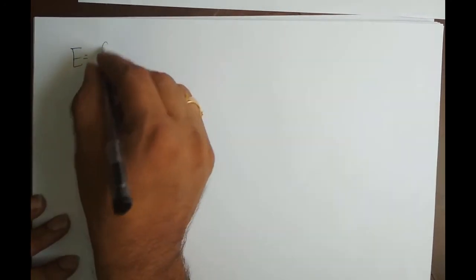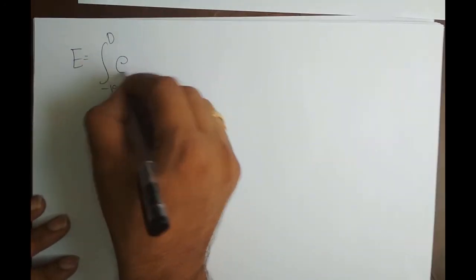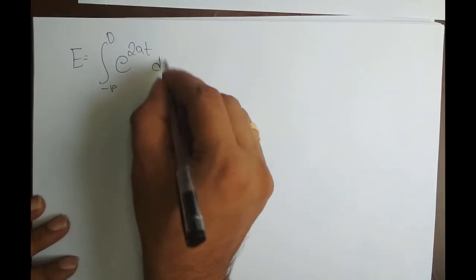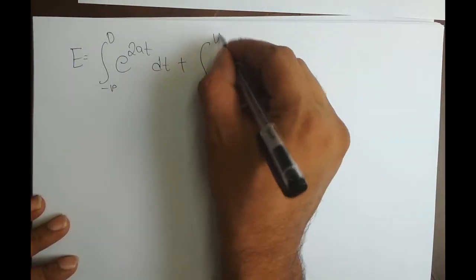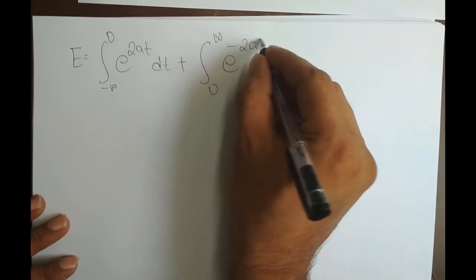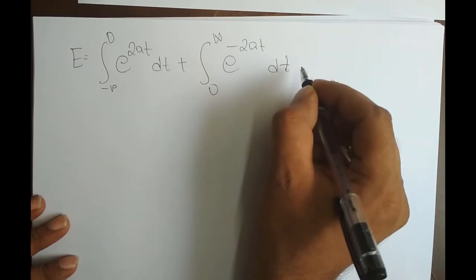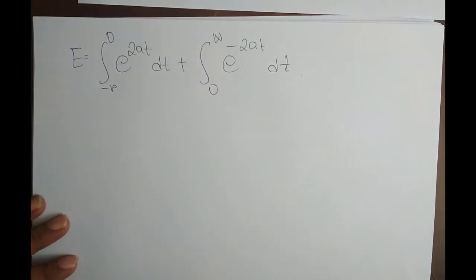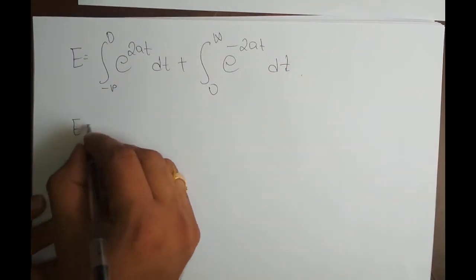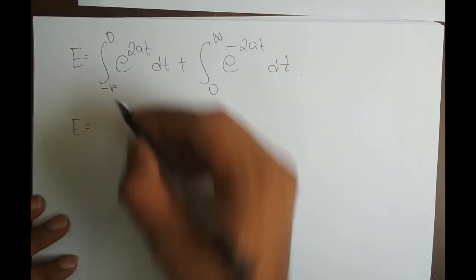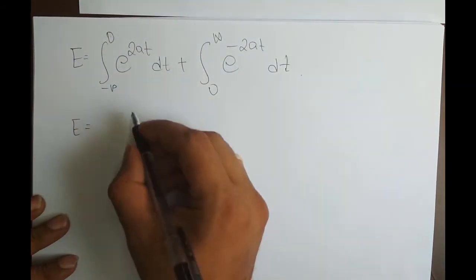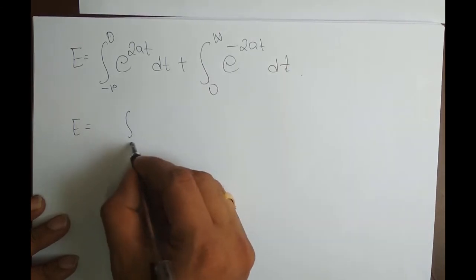Now, so what do we have? Energy is equal to integrating from minus infinity to 0 e power 2at dt plus integrating from 0 to infinity e power minus 2at dt. Right? So E is equal to, what I'll do, I'll interchange the limit. So what do I get? 0 to minus infinity.